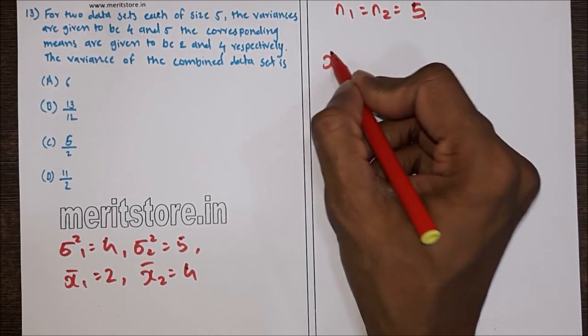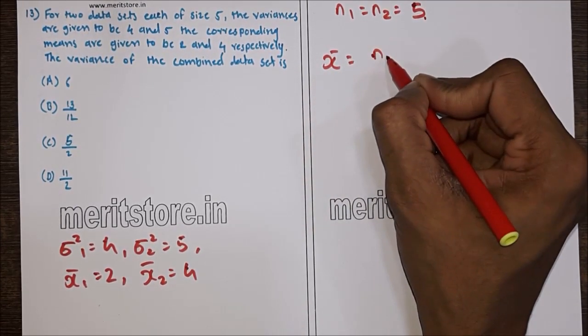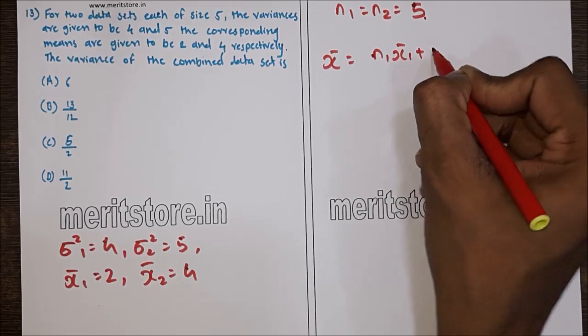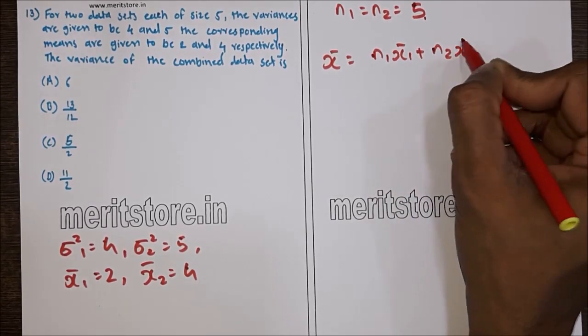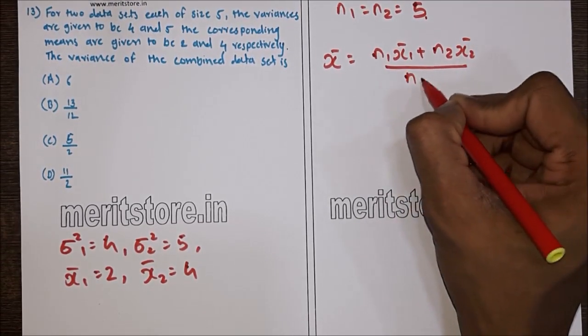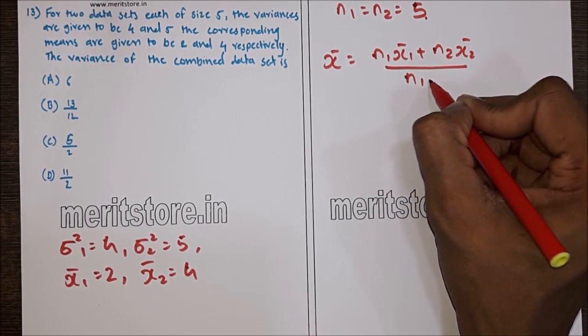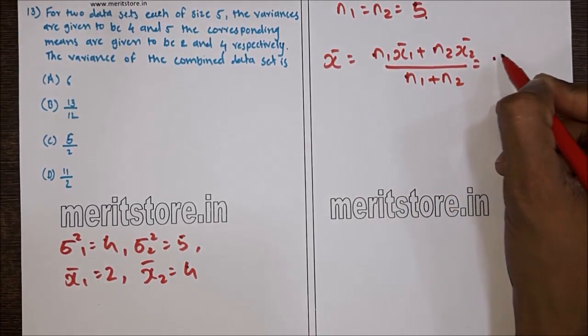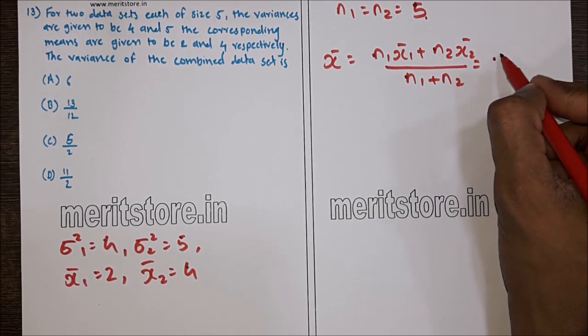So we have x bar equal to, given formula, n1 x1 bar plus n2 x2 bar upon n1 plus n2.